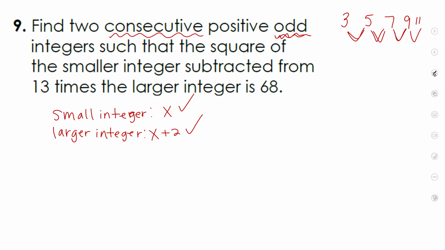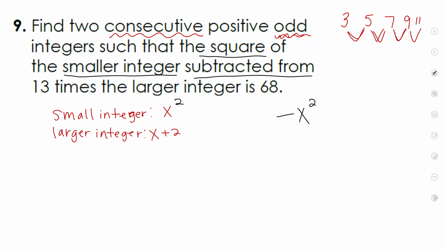Okay, now let's look at the next part. We're gonna find our numbers such that the square of the smaller integer. What do I do when it says square? Yep, you square the smaller one. Subtracted from, so we're gonna subtract x squared.